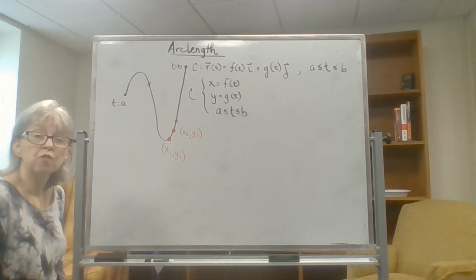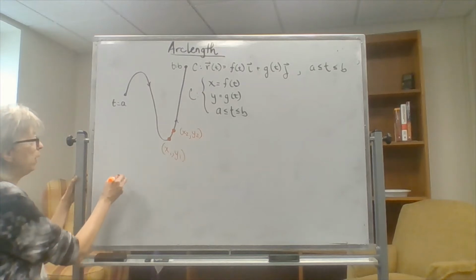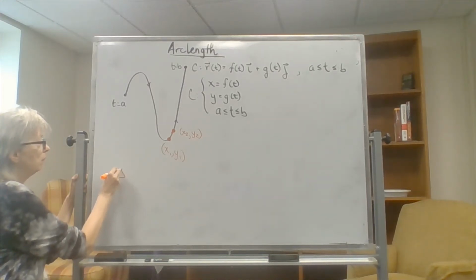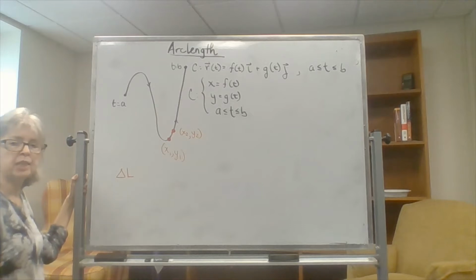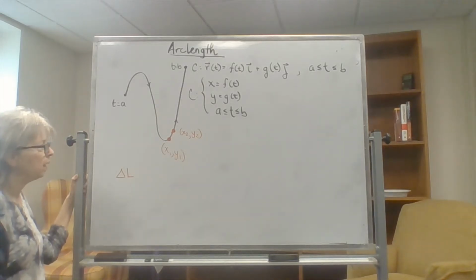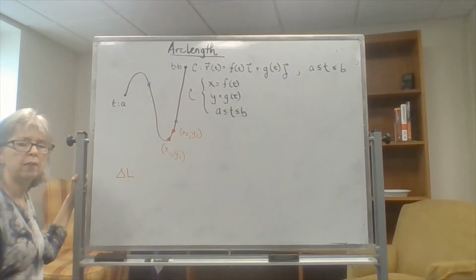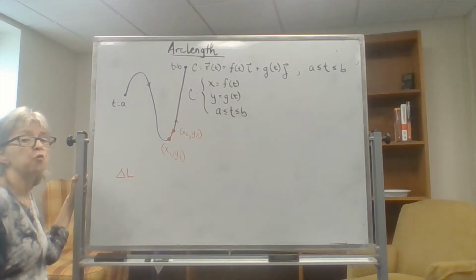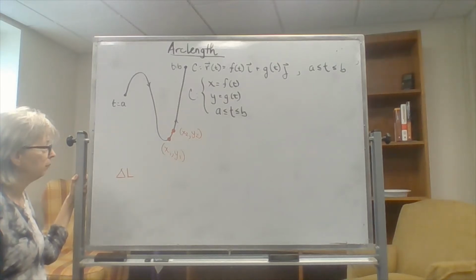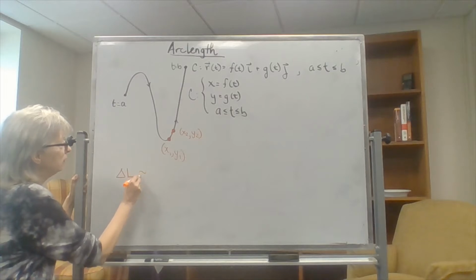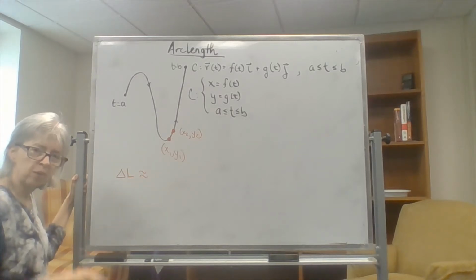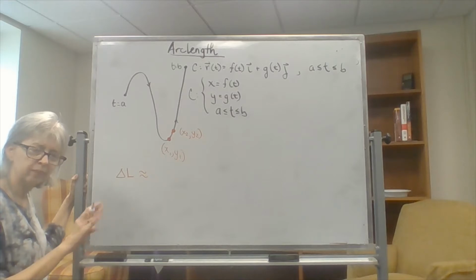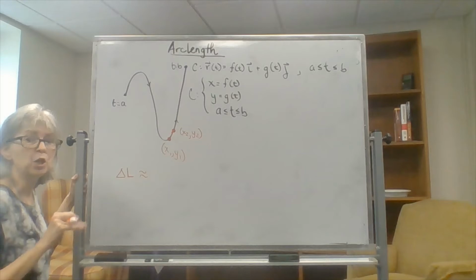Use the distance formula for finding the distance between 2 points. I'm going to denote that by delta L, because these are just 2 points on the curve, and I want to find the change in the length of the curve between those 2 points. Now, I'm not going to get it perfectly by using a distance formula because my curve curves. My line is straight, but my curve curves. Maybe just a little bit, but it curves.